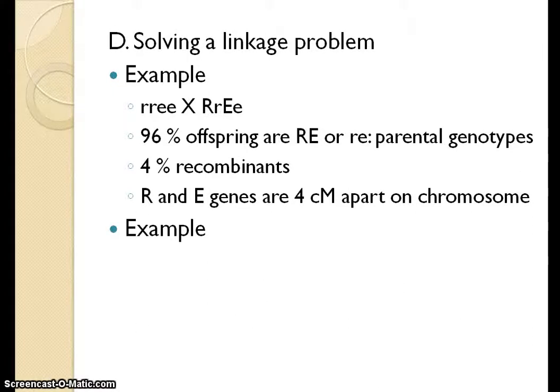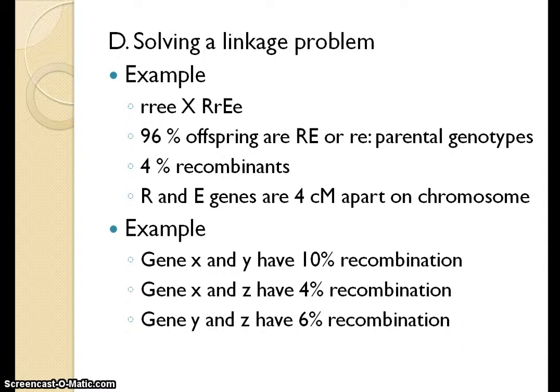Here's another example showing how you might line these up on a chromosome. If we do either a calculation or a problem tells us that gene X and Y have a 10% recombination rate, X and Z have a 4% recombination rate, and Y and Z have a 6% recombination rate, we can figure out how they are located on the chromosome.